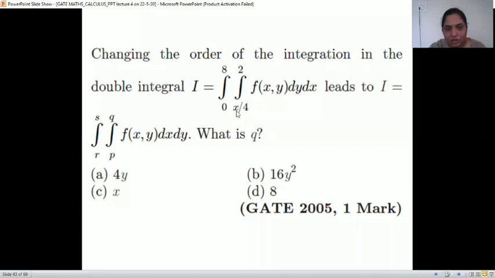Y first, and you have to change it to x first. Chalo, solve. Anyone, if you are done, please unmute yourself and tell me the answer. Monali, you are only giving the answer. What about other people? Please tell me the answer.